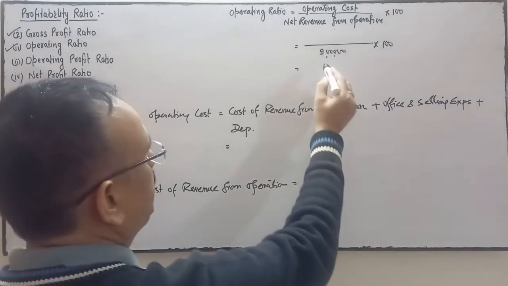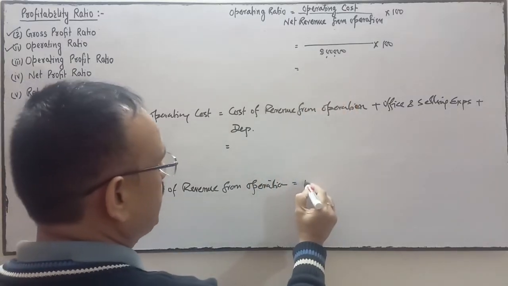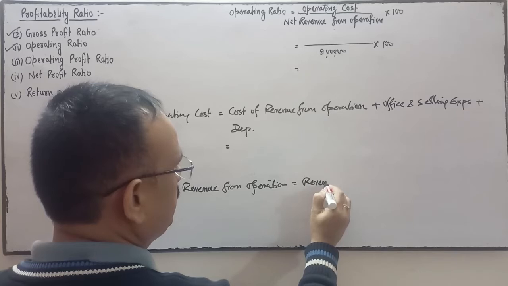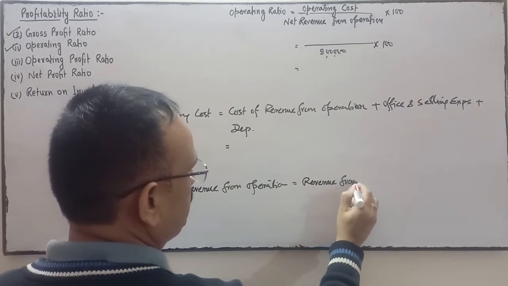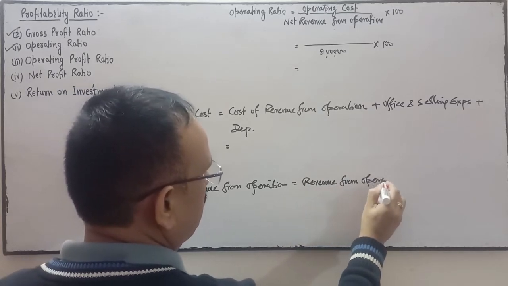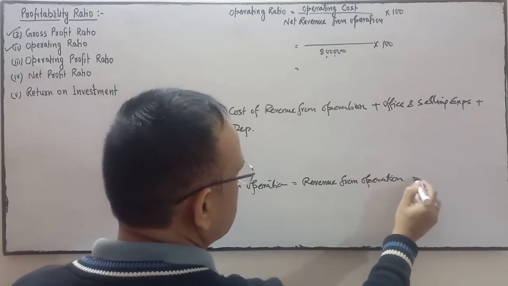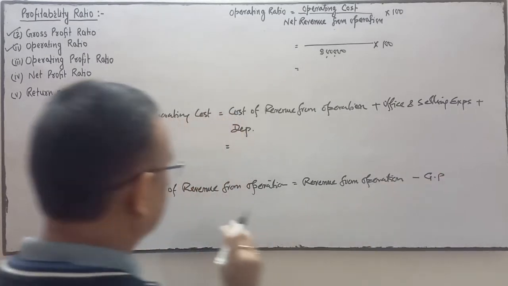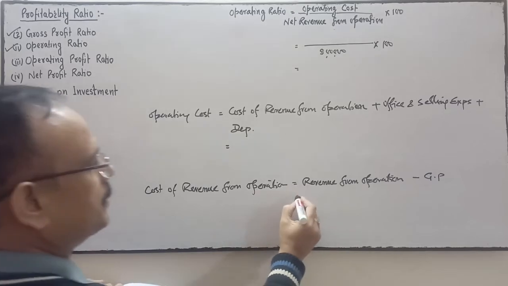So if the sales is revenue from operation, revenue from operation minus gross profit will indicate the cost of revenue from operation.